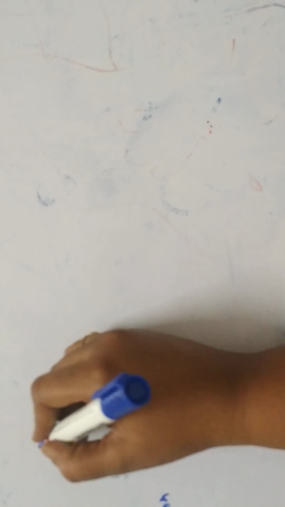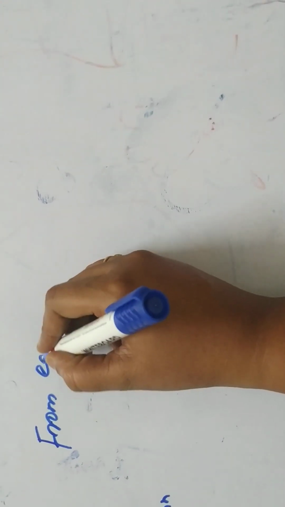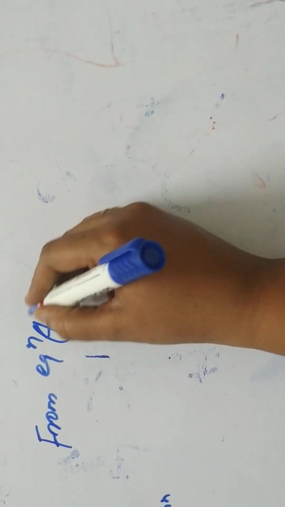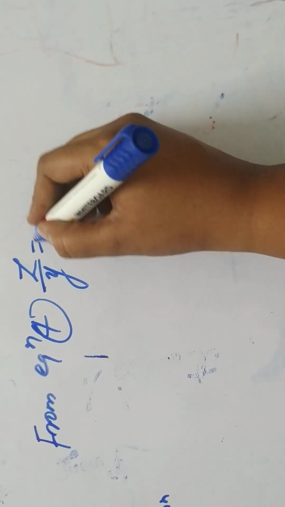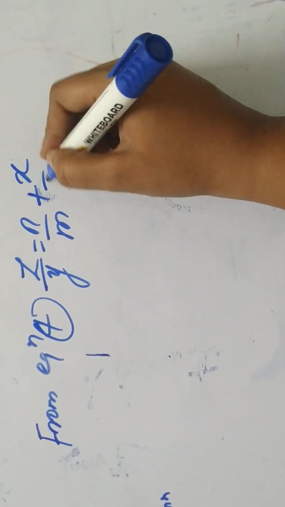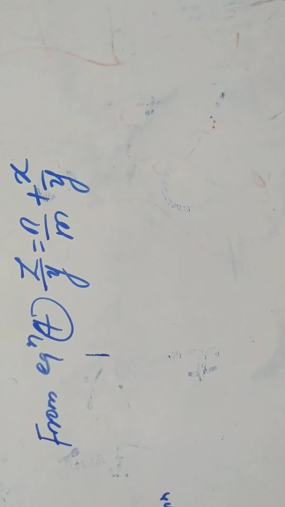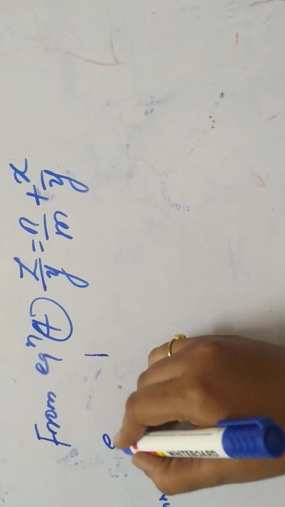From equation 4. So what was our equation 4? Z by y is equal to n by m plus x by y. Let us substitute this term in equation 5. So what was equation 5 then?